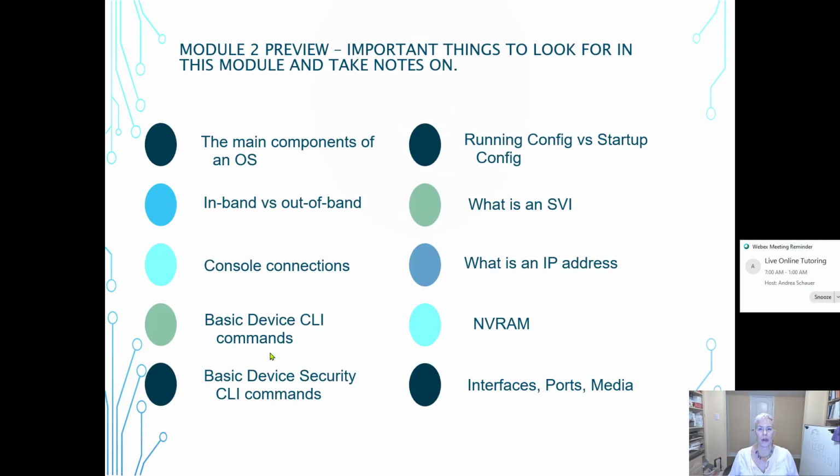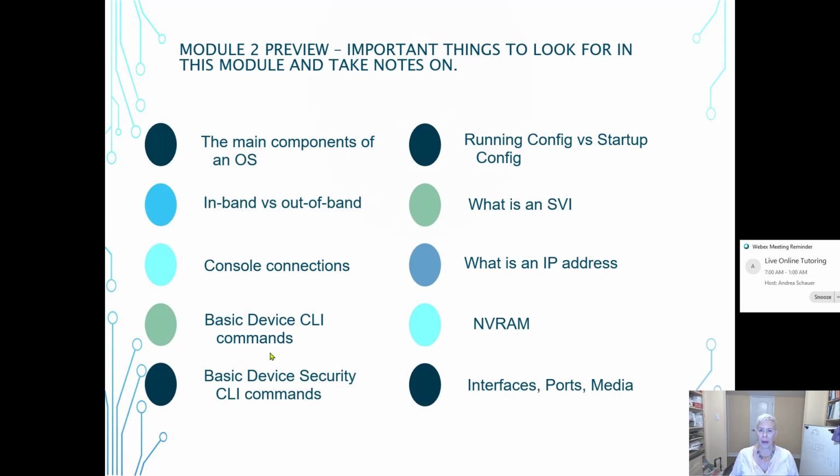If you remember, or if you watched the last video from Module 1, we went over a preview of some important topics to be looking out for when you cover Module 2. I'll just highlight these again. The main components of an OS, and OS stands for operating system. All computer devices, networking devices have an operating system.